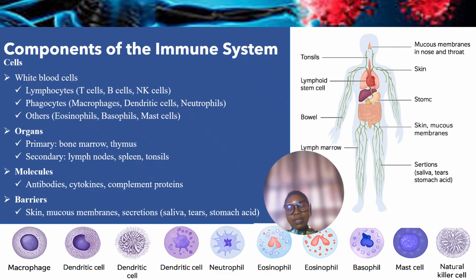I think our next lecture will be about adaptive and innate immunity, and we'll talk more about these barriers then. All together, these components work in harmony to protect the body from infection and maintain health.